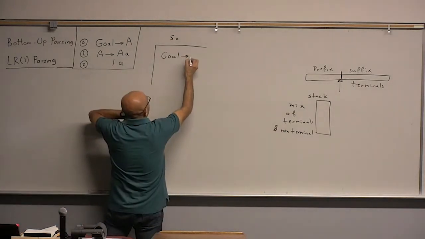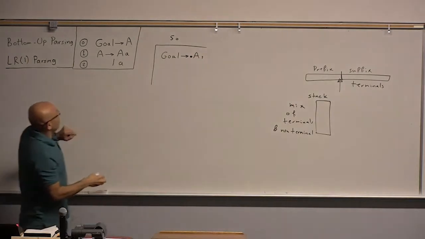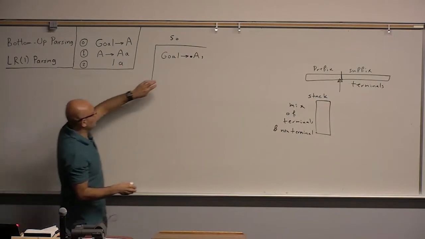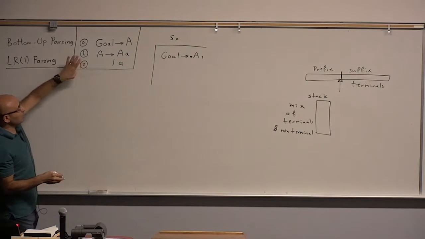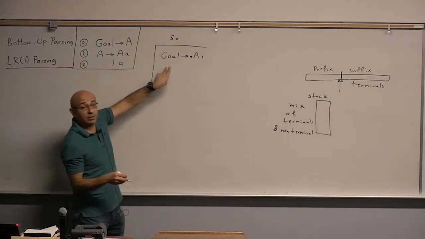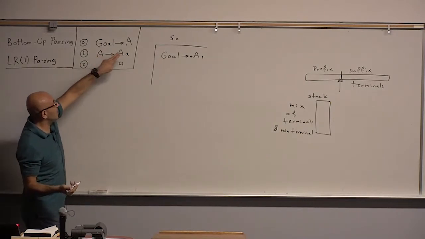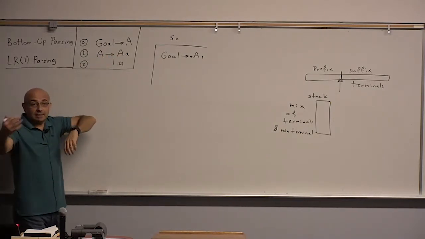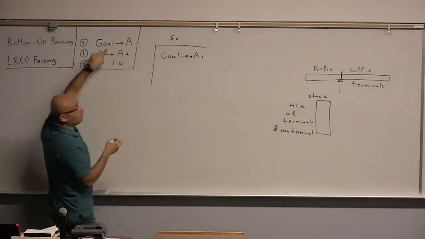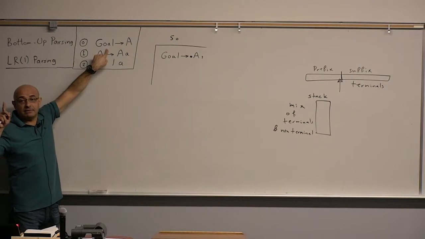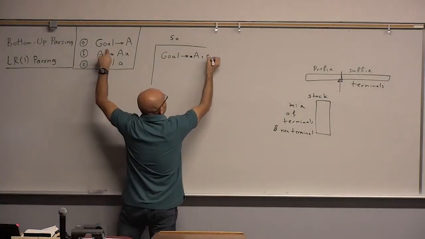Then our lookahead is going to be what? In order to make this reduction from A to Goal, what should the next symbol be? End of file, because this is something that you will make only once, at the very end, and your lookahead should be an end of file.